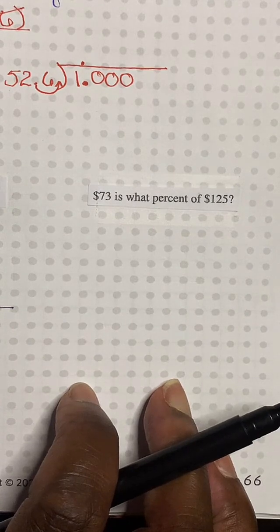Is it Alea? Okay. Yep, good job. All right, so 35% of X is a percent. So now we're looking for the percent.